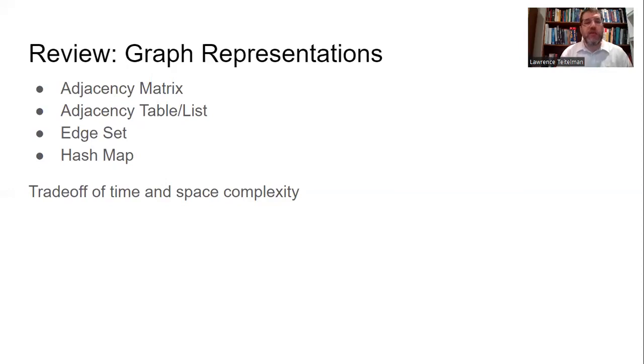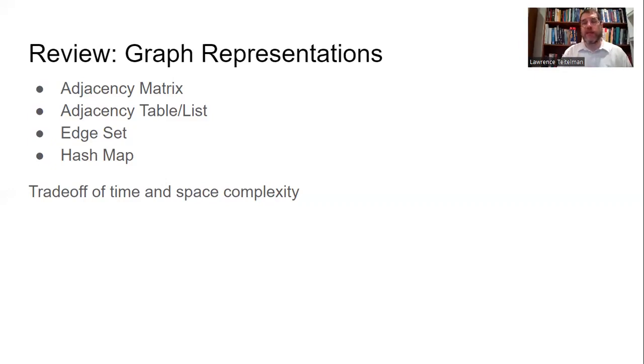Okay, the edge set, which focuses on the edges that exist, so a little less focused on the vertices. It says these are the ordered pairs of vertices that form the edges. And then we had the hash map, which uses as a key a possible edge, and then it would have a 1 to indicate, or a true to indicate, that the edge exists.